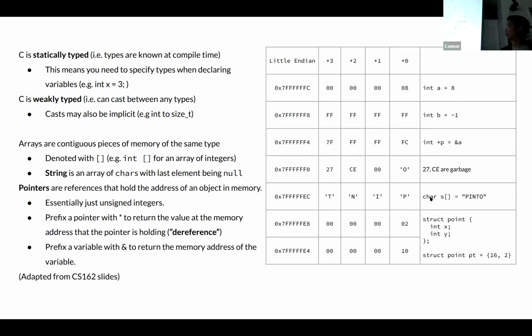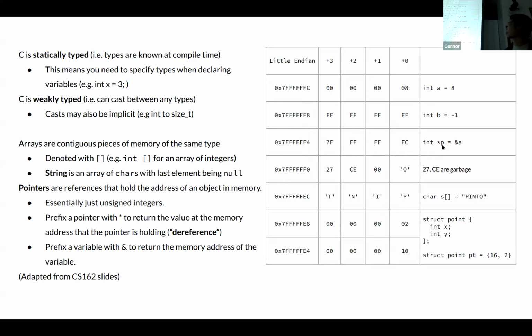And pointers are the address of an object in memory. You should know this from 61C. Pointers are essentially just unsigned integers, and these are all memory addresses. If we have a pointer with the value FFFF4, it'll point to this location specifically.